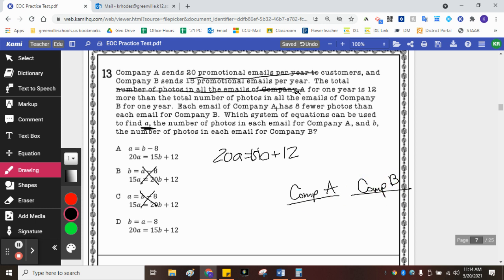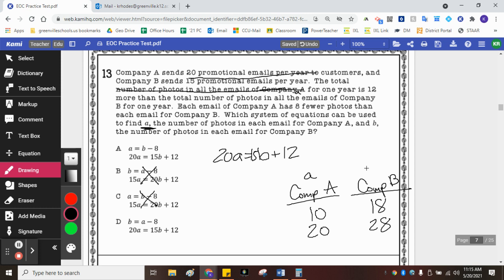So if A had 10, 8 fewer photos, B would have 18. If A is 20, B would have 28 because 8 fewer. Company A has 8 fewer photos than company B.